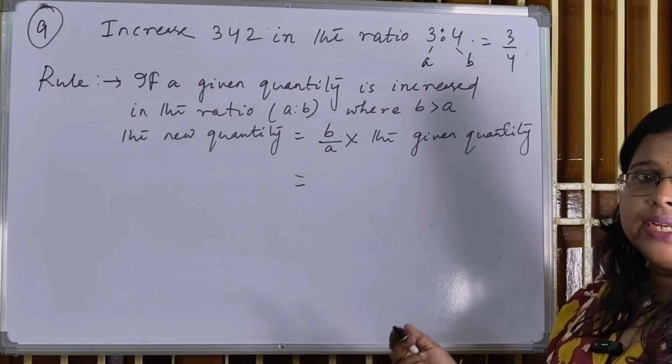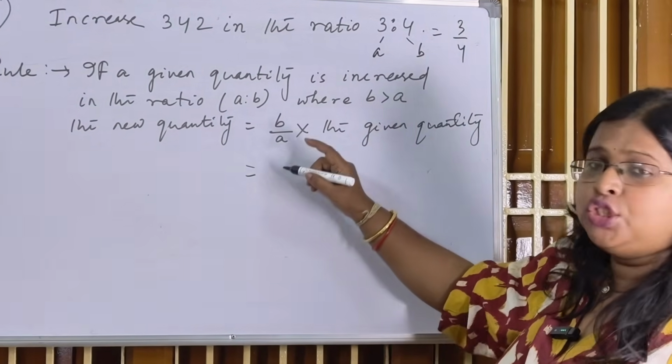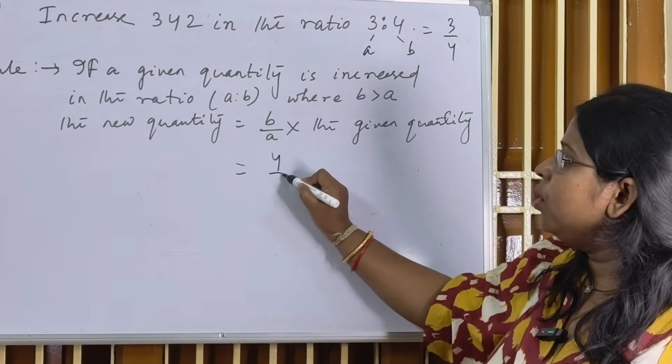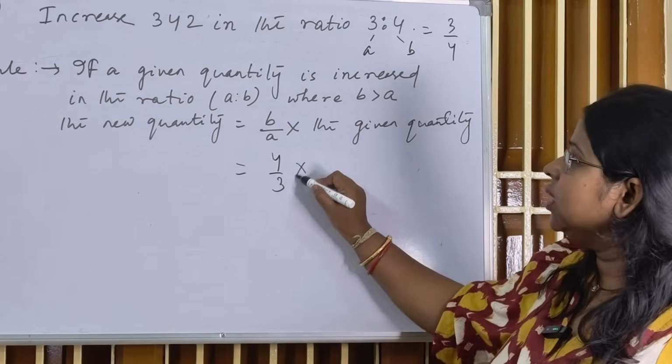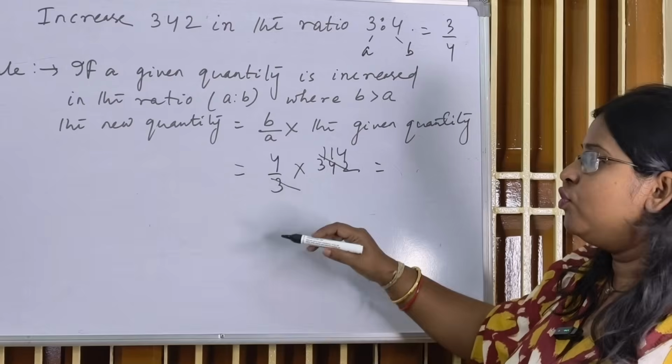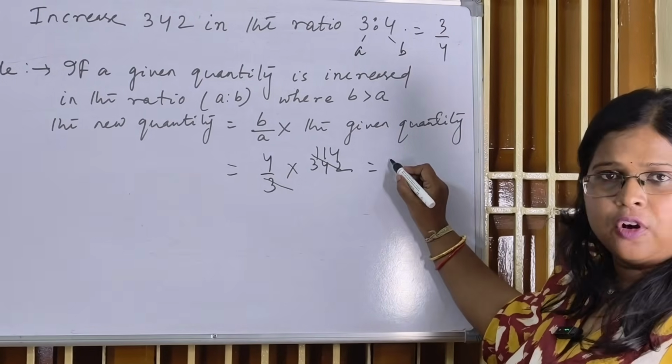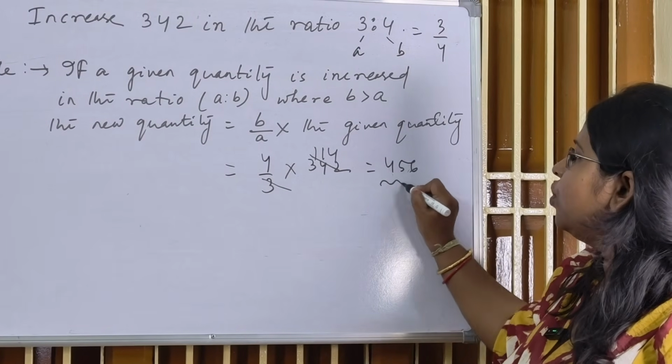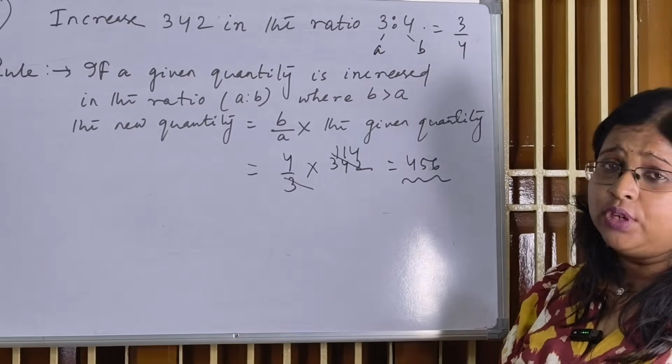So whenever we are calculating the new quantity, the ratio will be reversed. That means 4/3 into the given quantity, that is 342. Now if we cut it, the answer will be 114 and the new answer will be 456. So this is the rule we have to remember.